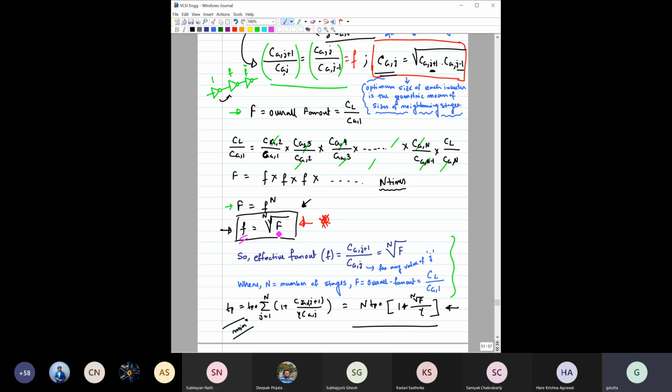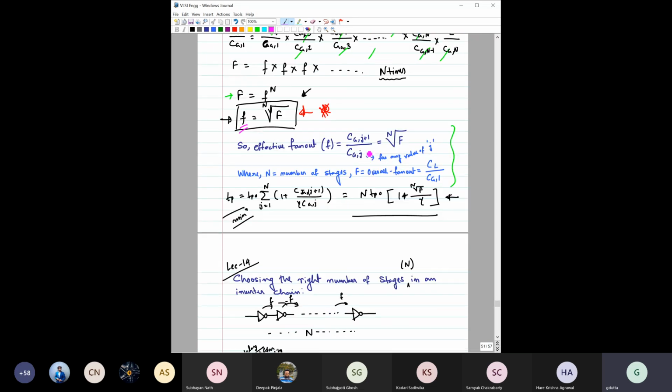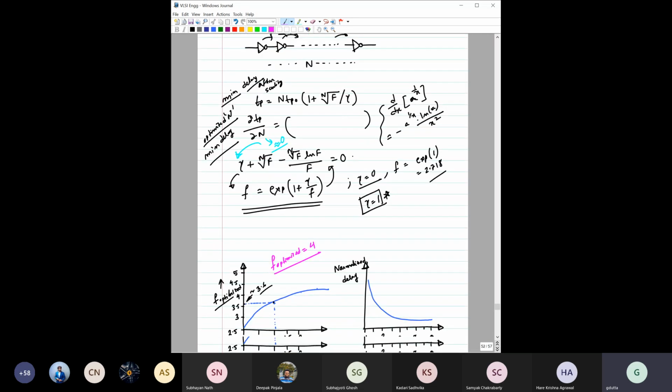We are finding this expression for minimum delay for a known value of n, right? Again, what will be the value of n? We should first answer that, right? Because this f is fixed, right? f is this output by input capacitance. Then what will be the value of this n? That value of n we have arrived at from here, right?